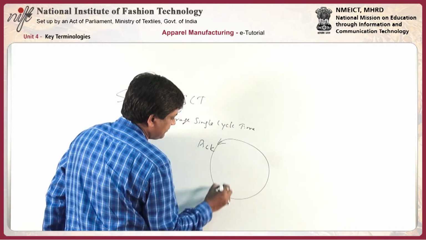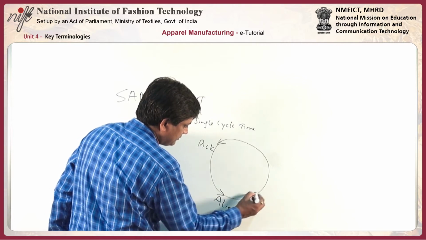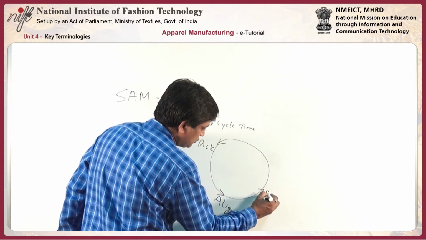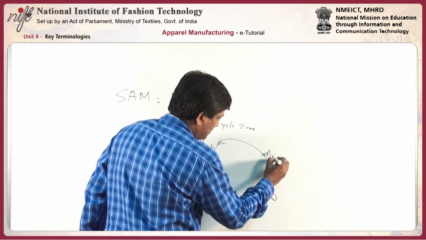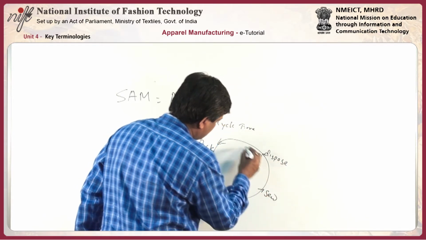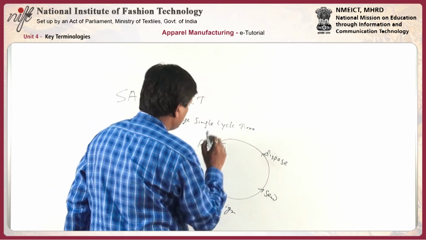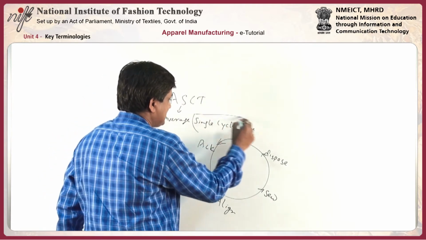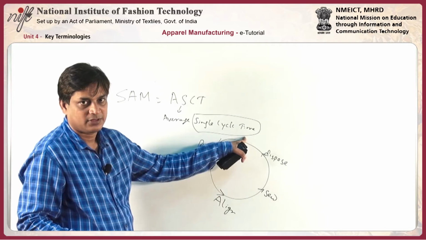So in the cycle time, this is the cycle, and its components are pick, then align, then sew, and then dispose. So picking, then alignment of the parts, then sewing, and then dispose. This is the single cycle time.